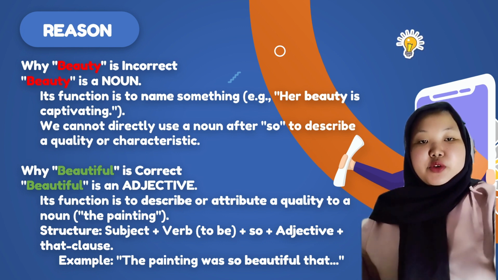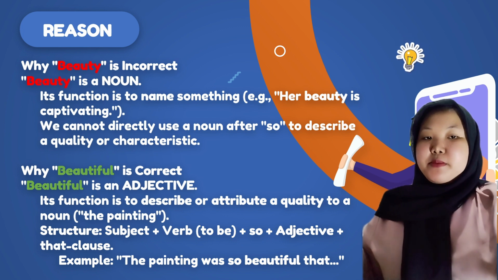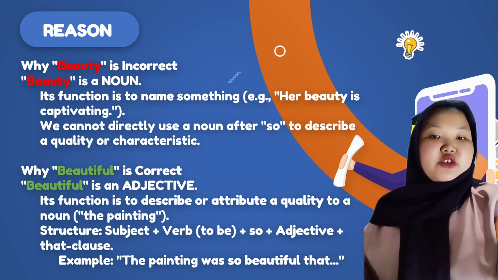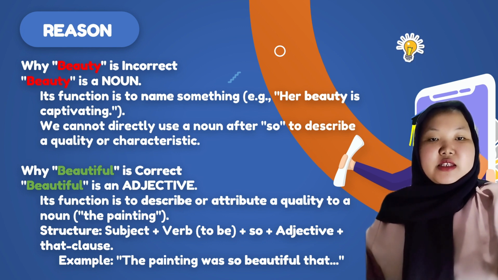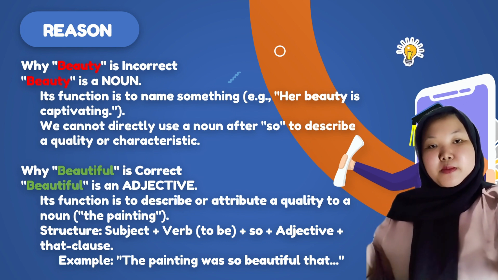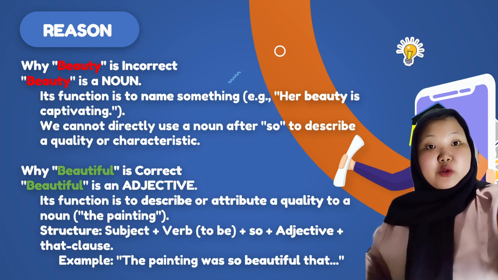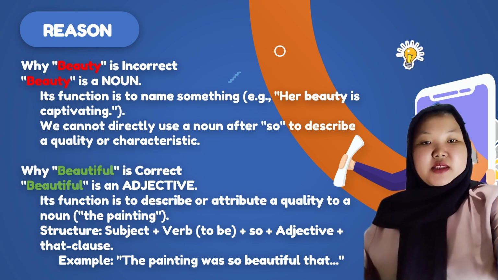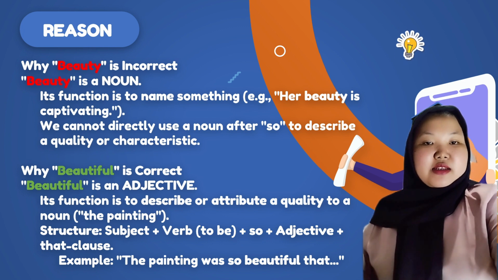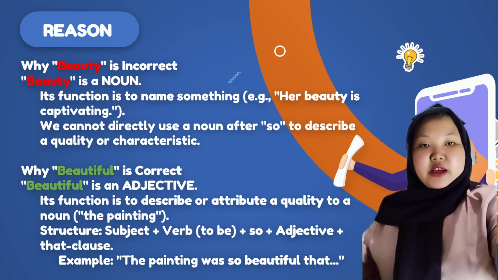Why is beautiful correct? Beautiful is an adjective. An adjective's job is to describe or give more information about a noun. In the case of this painting, let's look at the sentence again.